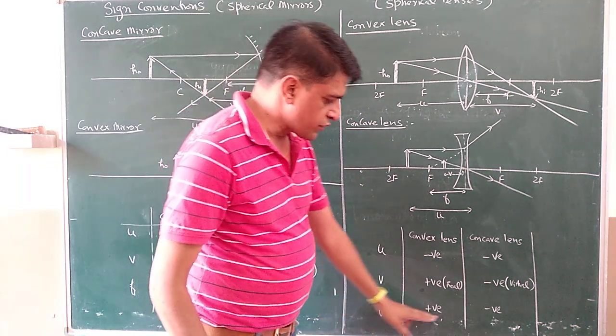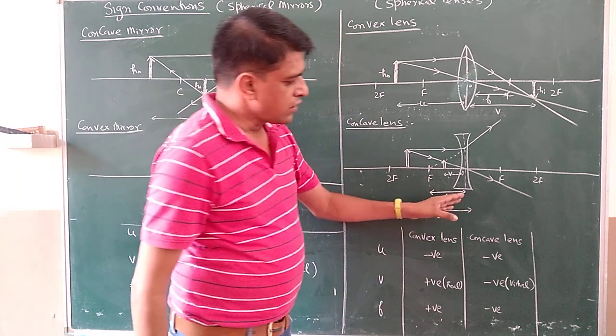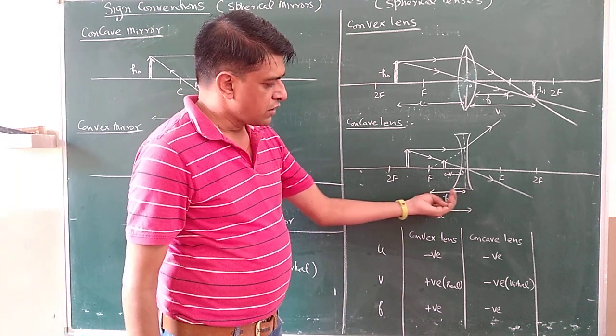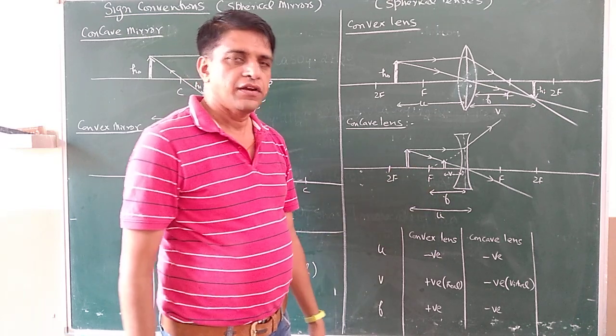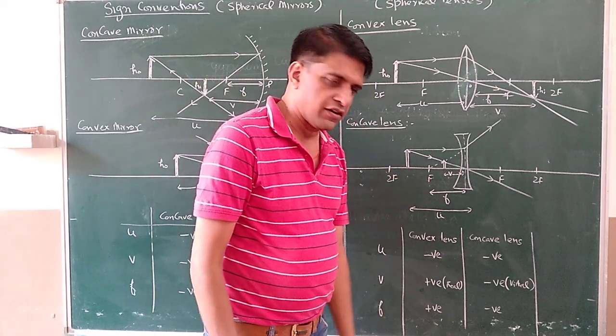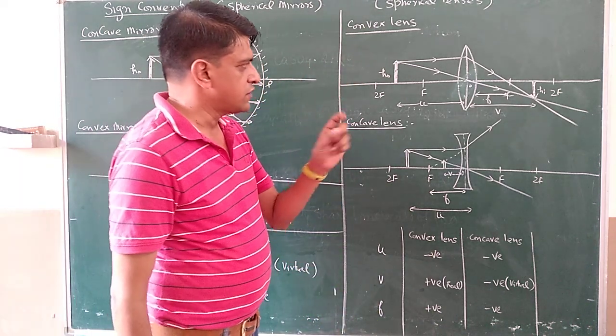And last case of the focal length, in case of measuring focal length, we have to move in the opposite direction to the incident ray, that's why it is also negative.